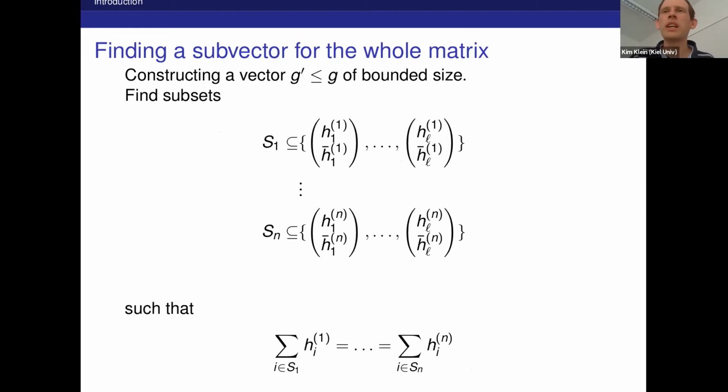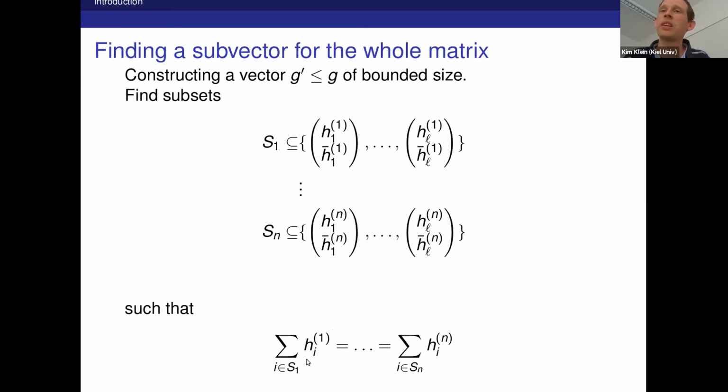So what would we like to do? We would like to find subsets of the respective decomposition that all sum up to the same value. In case we find subsets such that the upper part of the vector that corresponds to the A matrix always has the same value, we do not have conflicting assignments for this variable. Okay, so this is what we actually like.